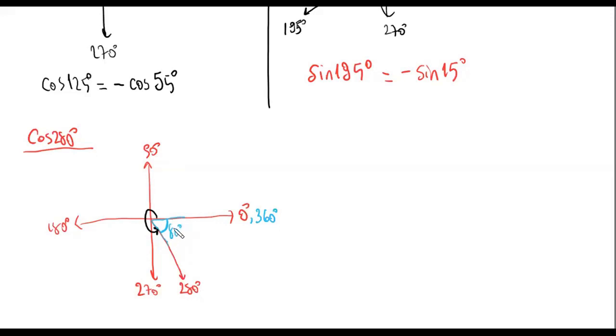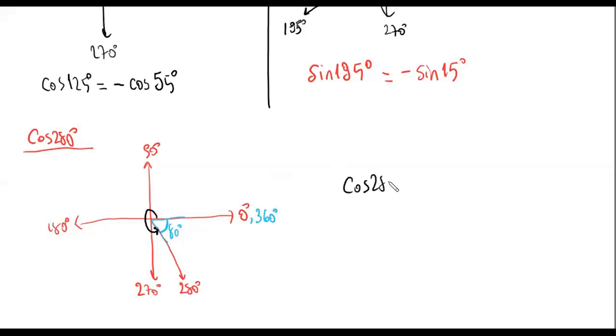Another way of finding that: from 270 to 280, you have to go 10 degrees. So this is 90, and 90 minus 10 will be 80. We have found our reference angle. That's 80 degrees. Now, let's write the answer.